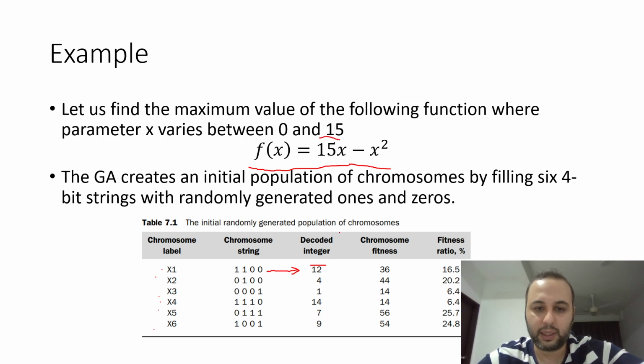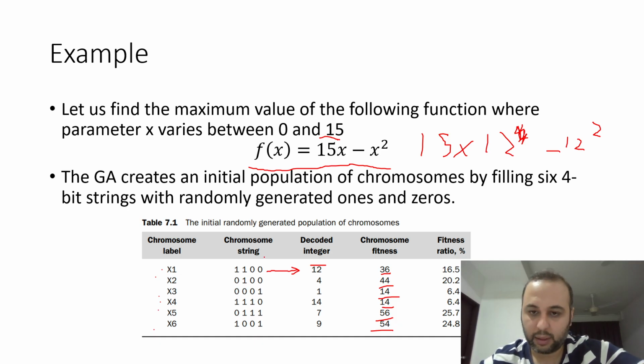For example, in this case it is 15 times 12 power of 2, sorry, 12 power of 2. If we apply that, we will reach this value, which is the chromosome fitness.